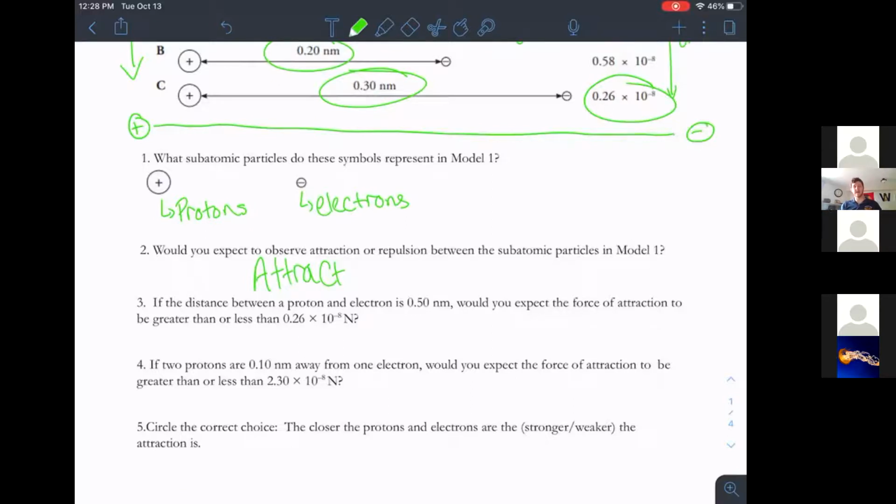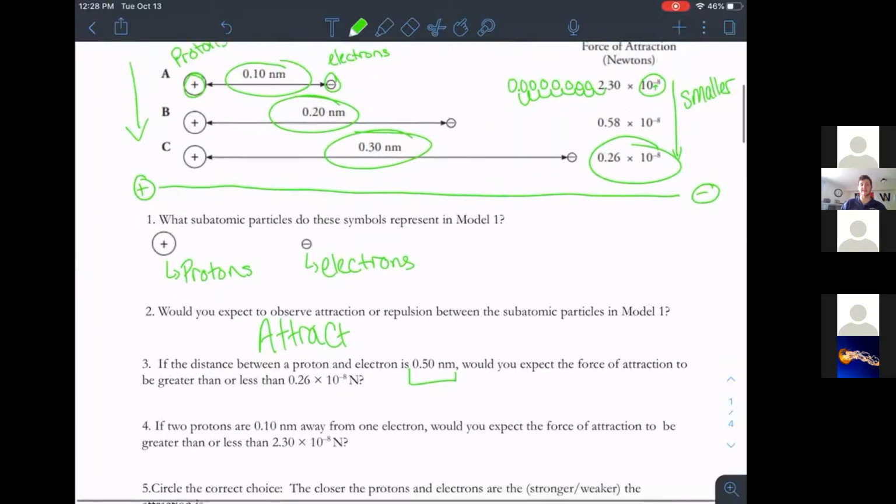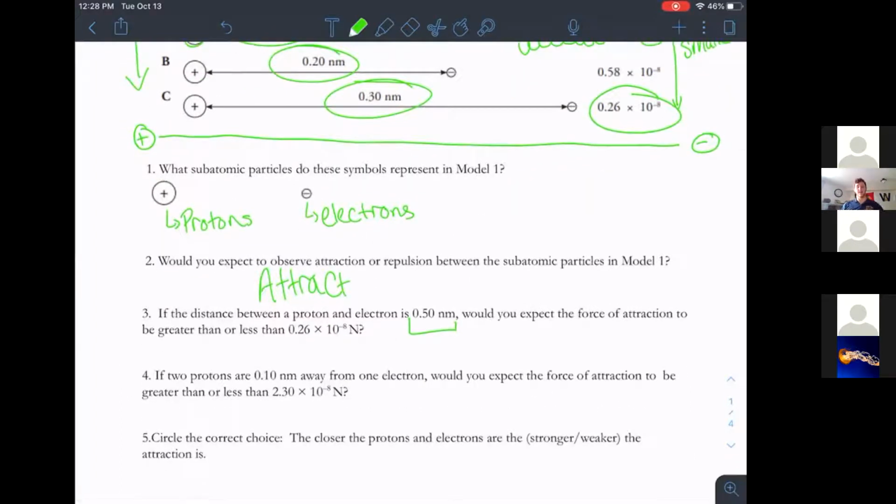Anybody else want to give it a go? So if we're at 0.5 nanometers, so it's even farther apart, our attractive force is going to be smaller than 0.26 times 10 to the negative 8, because it's getting smaller as our distances get farther away. So it's going to be less than.